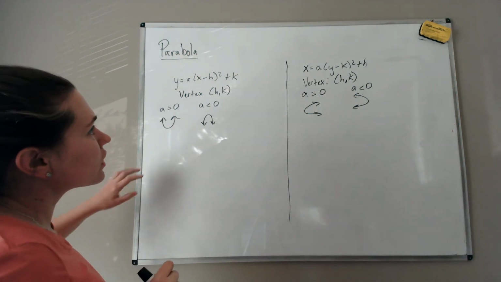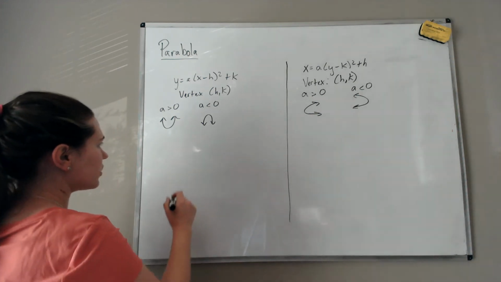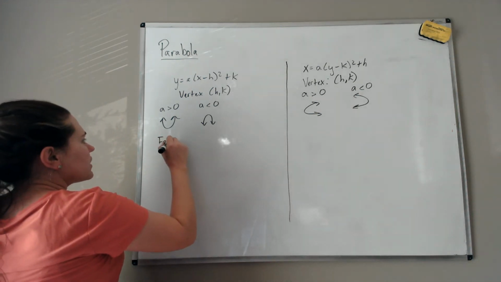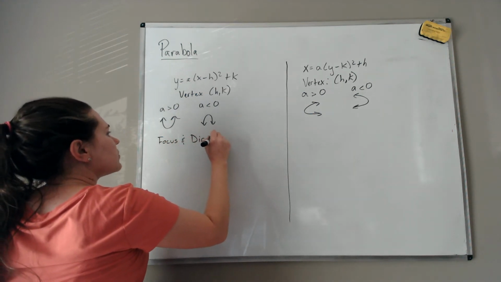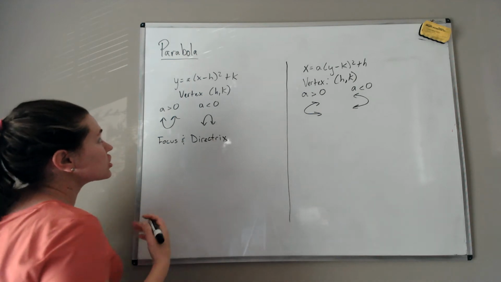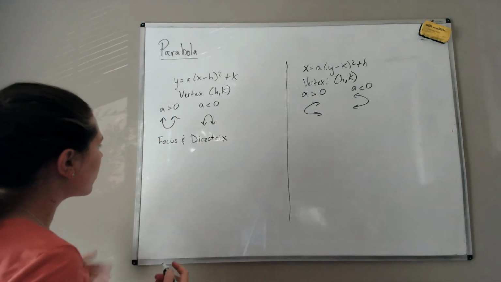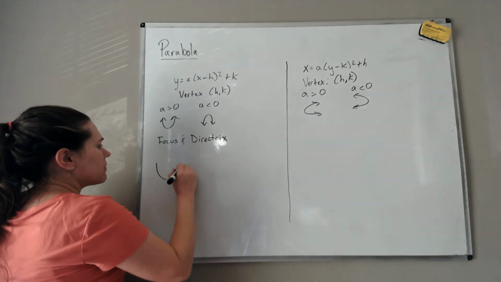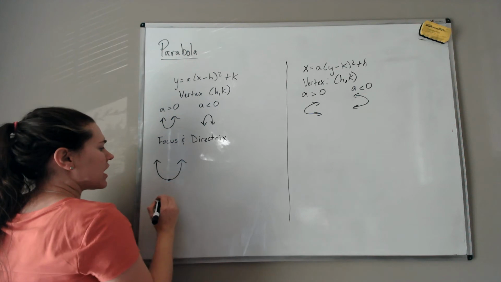So before we start graphing, there's something I want to mention to you. There's something called the focus and the directrix. Now, these have to do with how you're actually making the shape of the parabola, that parabolic shape. So when you have a parabola that looks like this, there's our vertex.